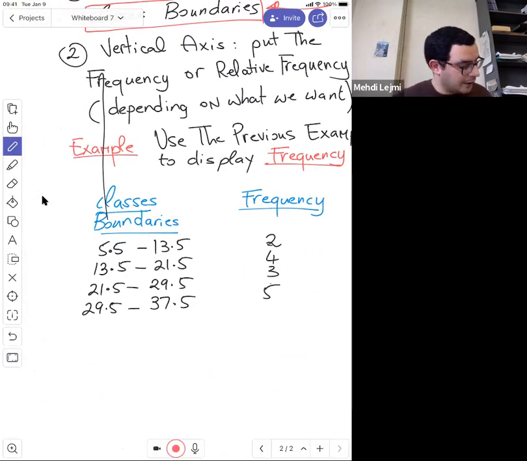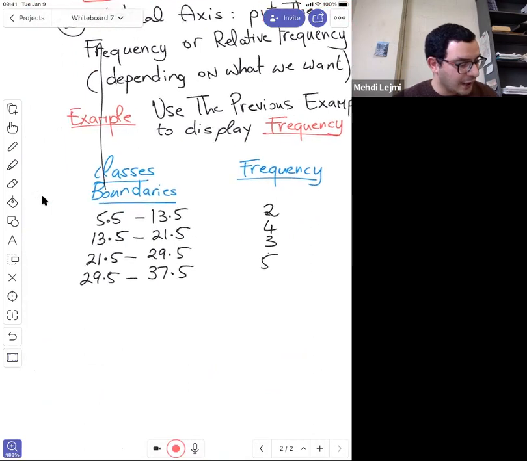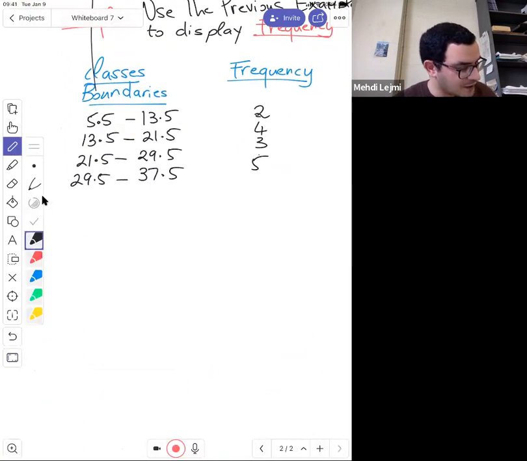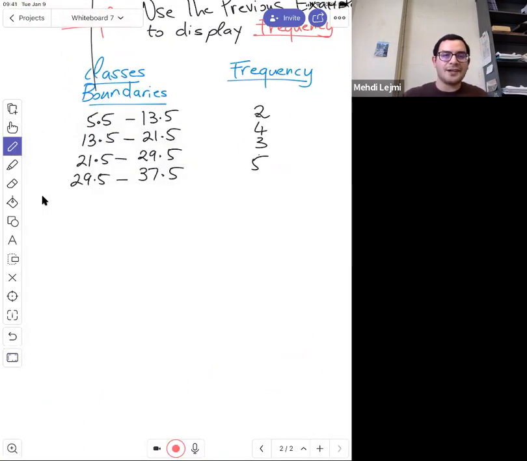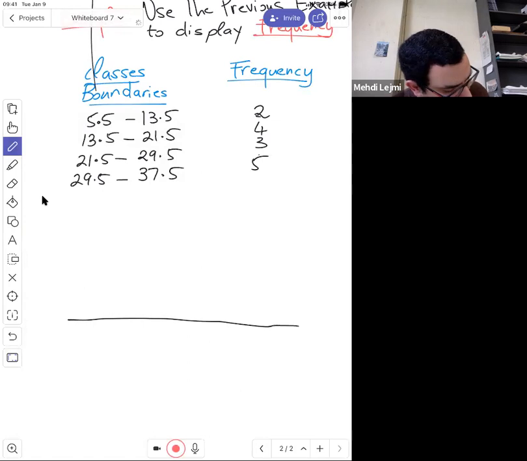All right, so let's start with the horizontal axis. When I say horizontal axis, I mean a number line with an arrow at the end. On this number line, I'm going to put my class boundaries.